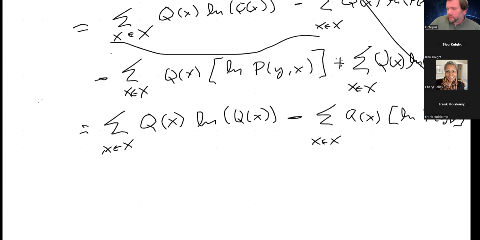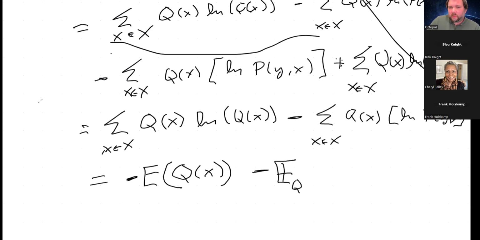It turns out that this is the definition of entropy up to a minus, multiplied by -1. So this would be the minus of the entropy of q of x. And this is the expectation over the q of x distribution of the natural log of the probability of y and x.